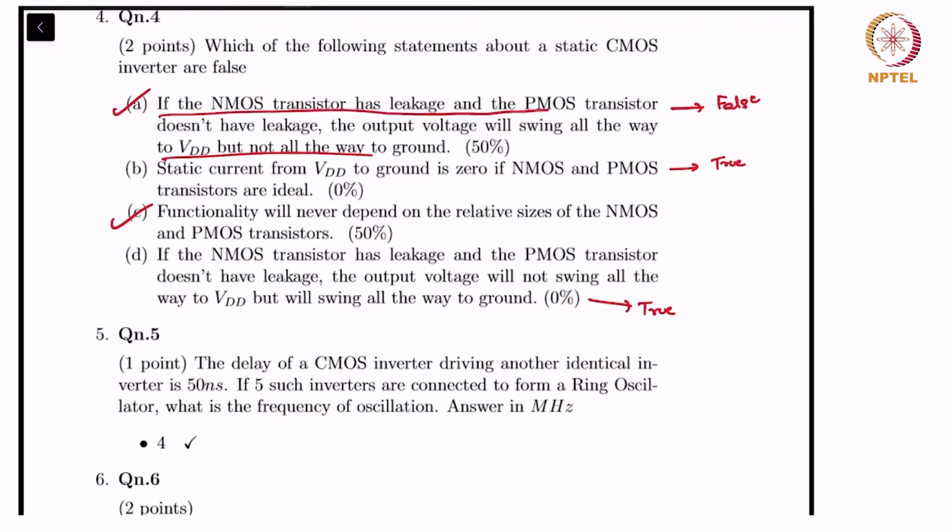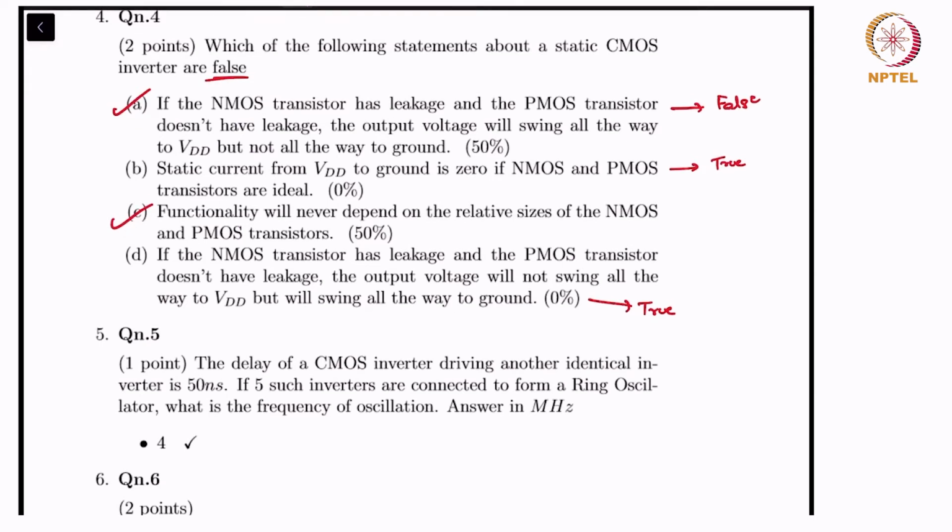If the NMOS has leakage and the PMOS doesn't have leakage, it's the same premise, but the conclusion is the exact opposite. So the first option is false, and we've been asked which are the false statements. So the first option is one of the false statements.